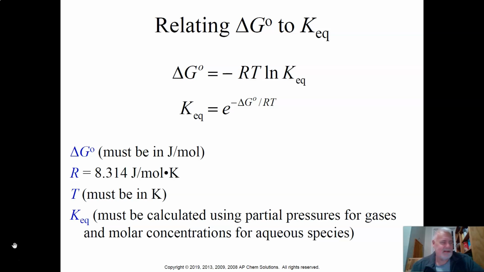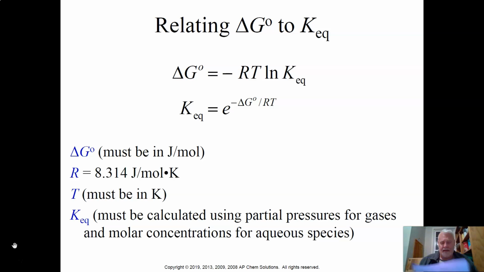So, let's review. Remember that this equation, along with our new gas constant R, 8.314, is in the purple sheet.